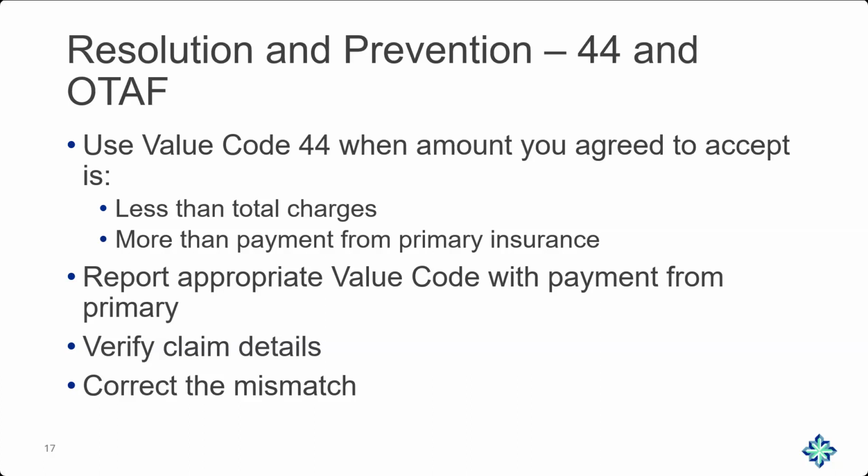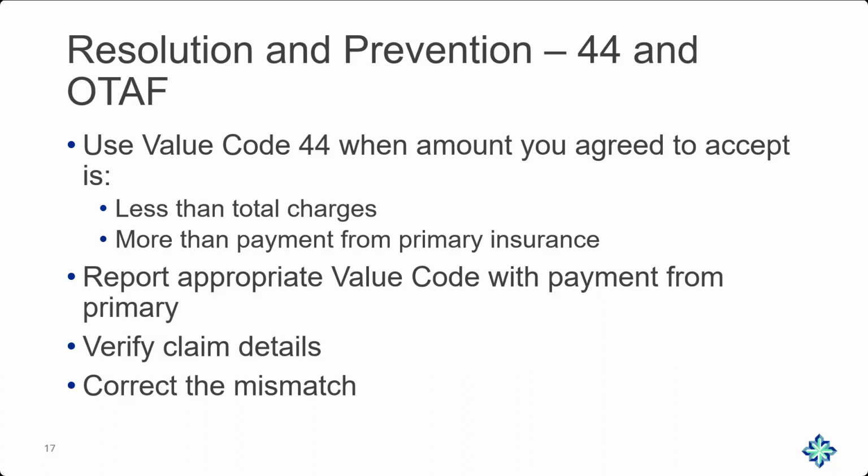Another instance when the value code 44 should not be used, when the charges are equal to the amount that the provider agreed to accept. Also, if payment from the primary insurance is more than the amount that you agreed to accept.